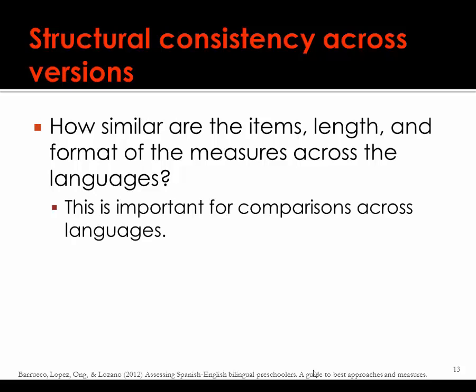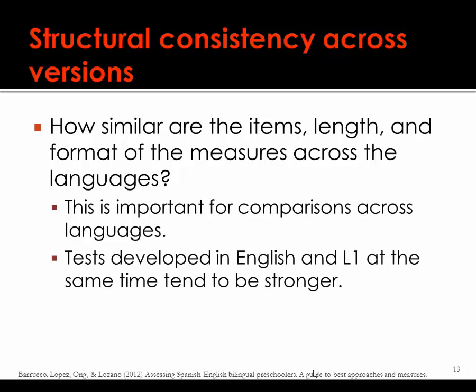And this issue is particularly important if a clinician or an evaluator is going to compare the results of the two tests. So the point here is that you have to compare apples with apples and oranges to oranges, right? If the English version and, let's say, the Spanish version are not equivalent, you cannot compare those results.